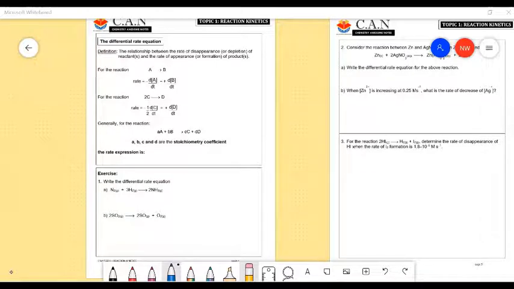So, it gives an example here for a reaction, for example A to B, rate equals negative dA over dt equals positive dB over dt. It means rate equals depletion of the reactant equals formation of the product.